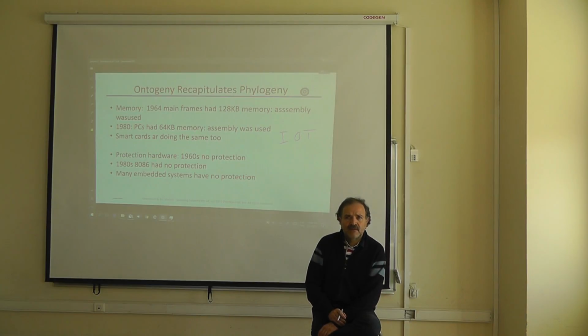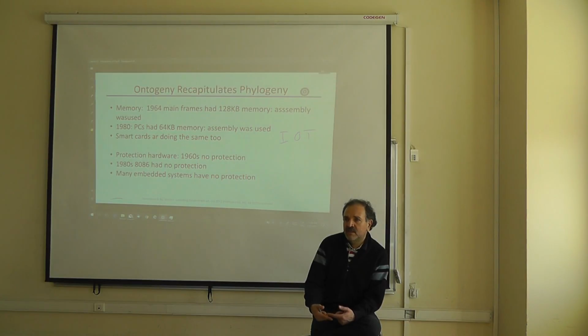Remember two or three months ago, there was an IoT problem. Somebody from Russia hacked all the VCRs, video players in the United States, so that they launched a denial of service attack. Why was he able to do this? Because those video players didn't have protection. They are embedded systems.